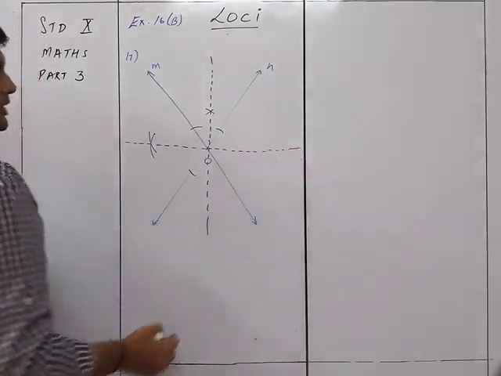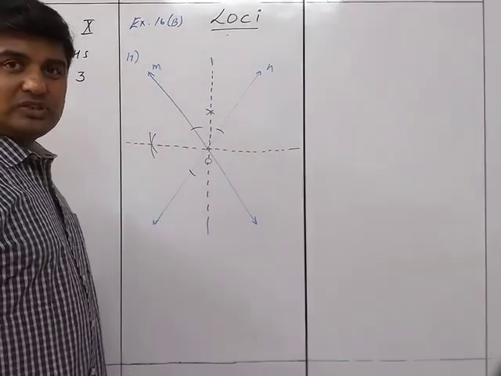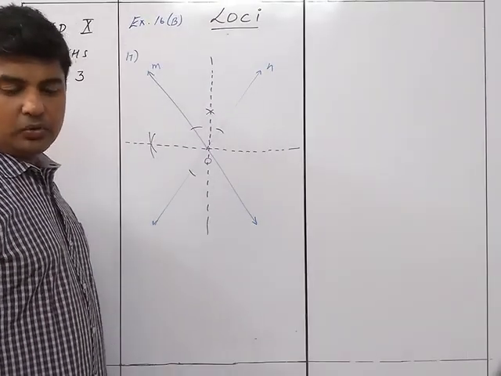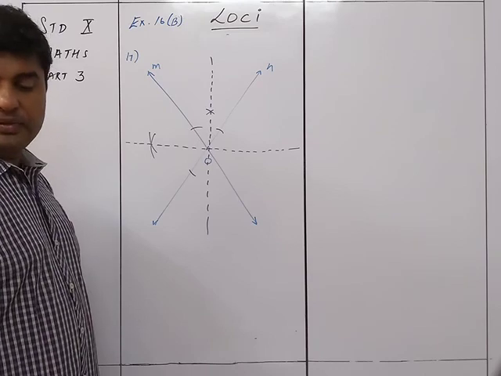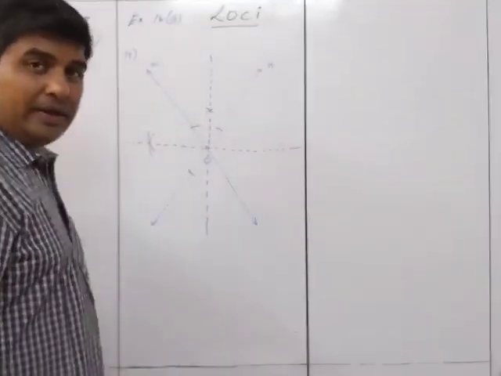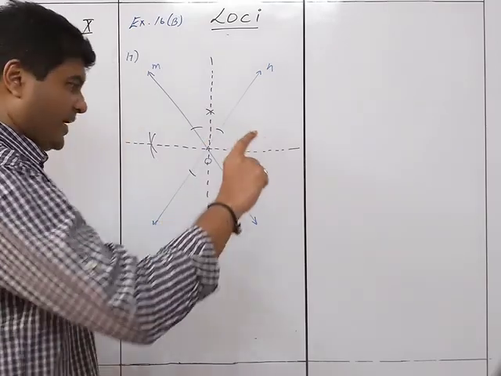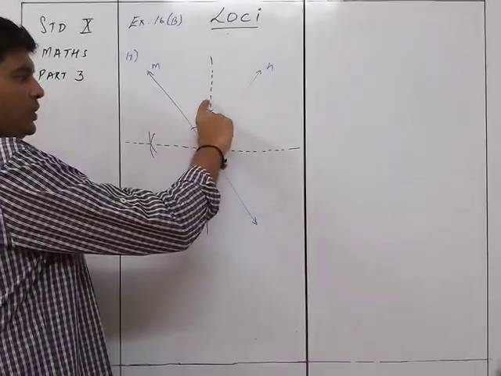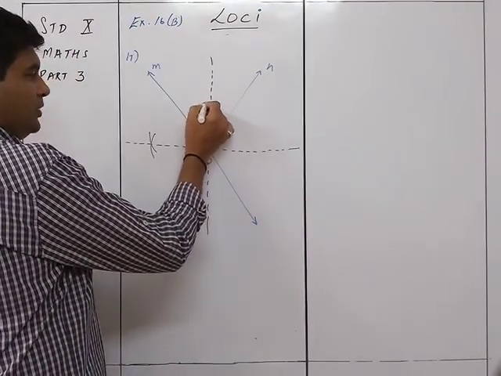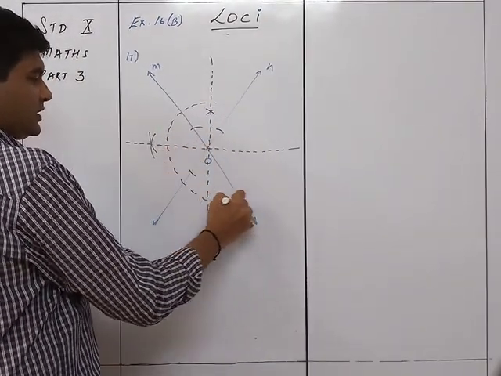Okay, now these are the locus of the points which will be equidistant from the given two lines, but they also gave you that 2.5 centimeter from O. So what we do now is take a radius equal to 2.5 from O, and we are going to draw a circle, because 2.5 from O will be a circle which will be over here. So this will be a circle accordingly.